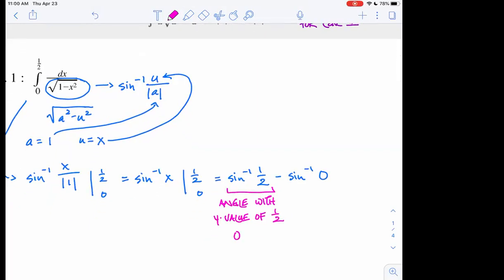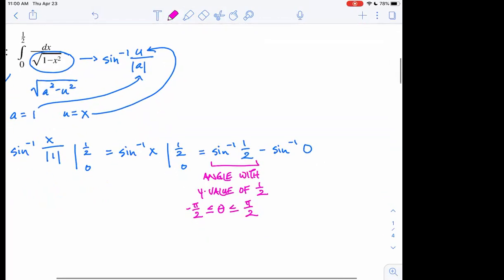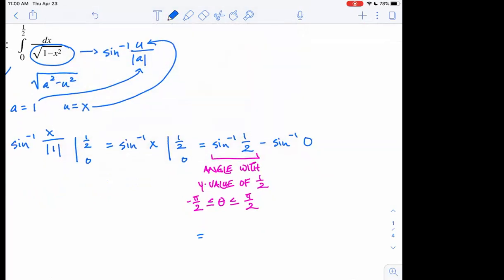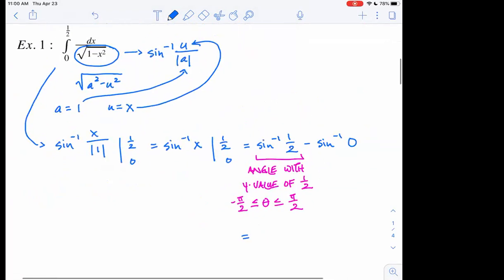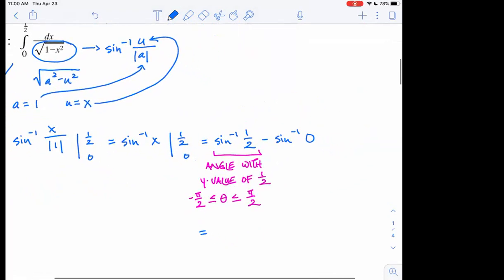However, that angle needs to be between negative pi over 2 and pi over 2, okay? So if we think about our unit circle, that means the angle that we get that has a y value of 1/2, that is on the right half of the unit circle, will be pi over 6, okay?